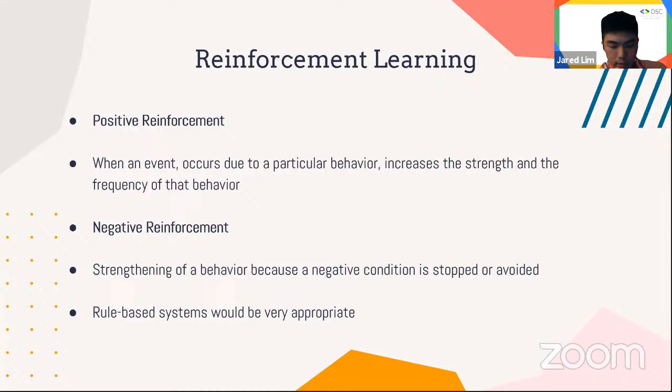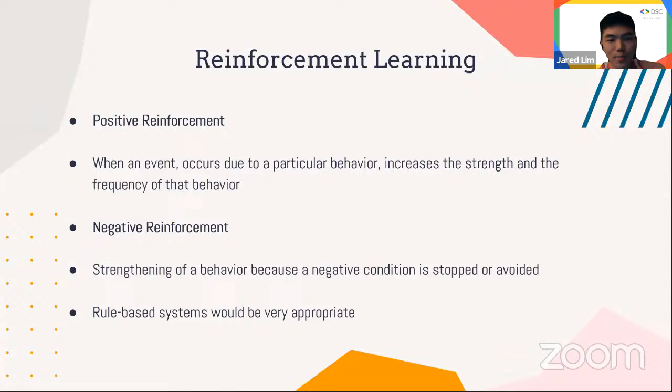It's very good for problems that have binary decisions to be made at multiple steps. So games would be a very good example, like Sudoku, chess, or things like that. There are only two kinds of reinforcement.